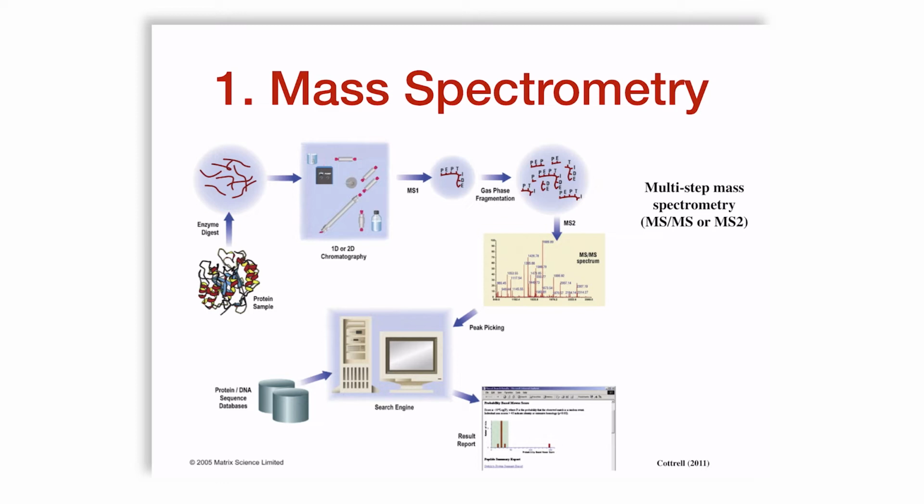What about mass spectrometry? So, in terms of methodology for protein isolation, mass spectrometry involves taking a protein sample, proteolytically digesting it, typically it would be trypsin, performing a 1 or 2 dimensional chromatography to separate the fragments, and run a mass spectrum on it.